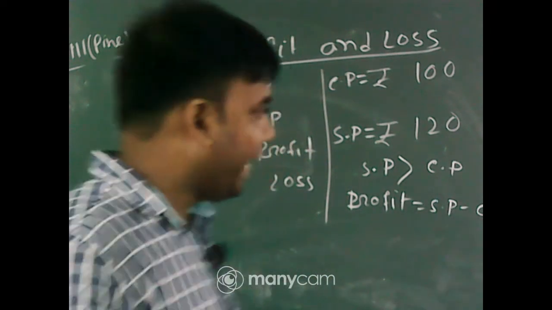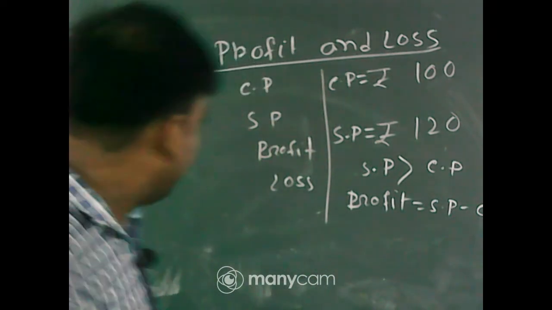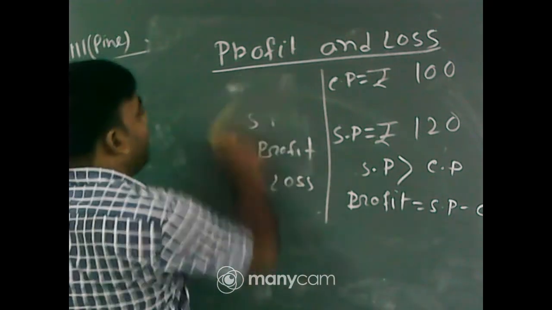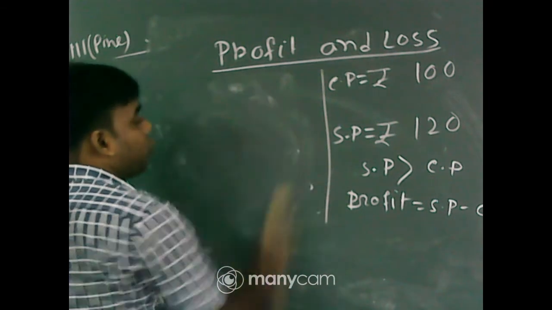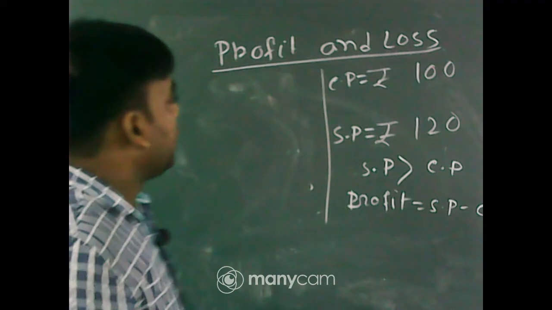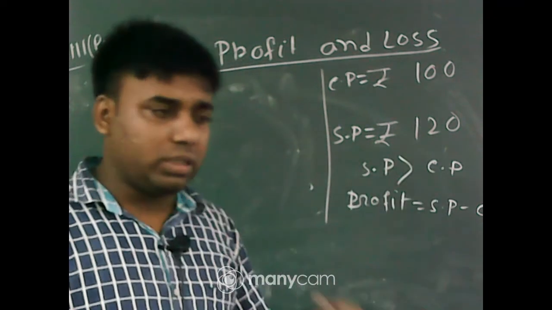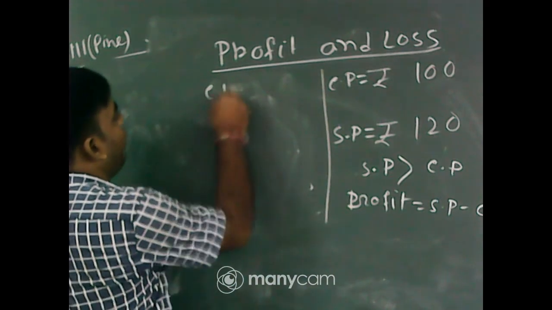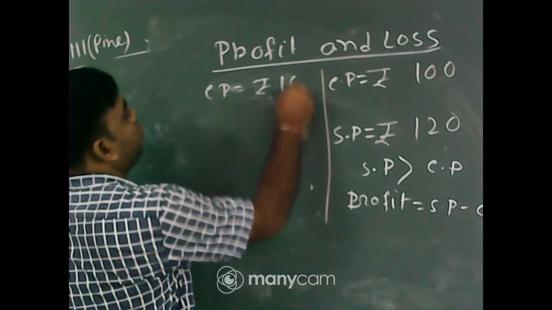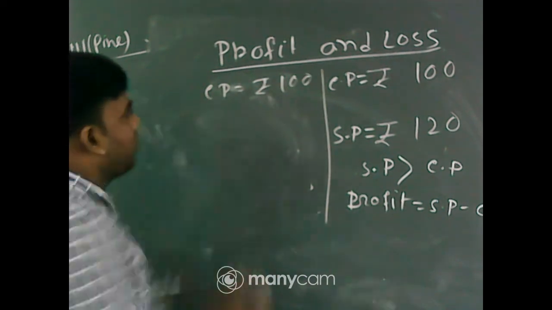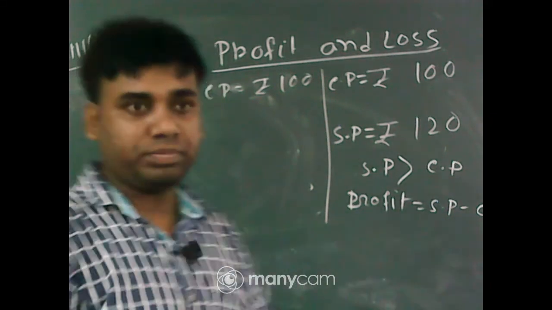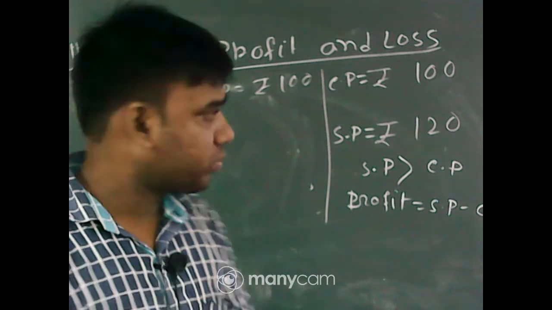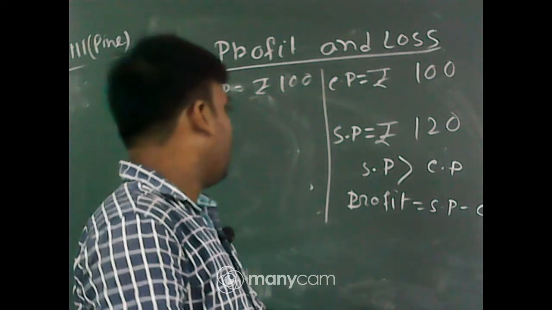Next, that shopkeeper buys the pen, but in another case the CP of the pen is rupees 100.